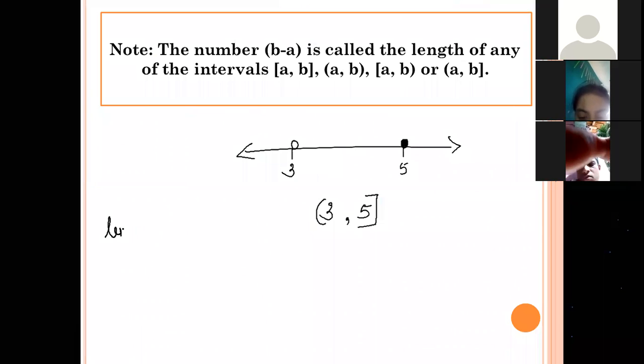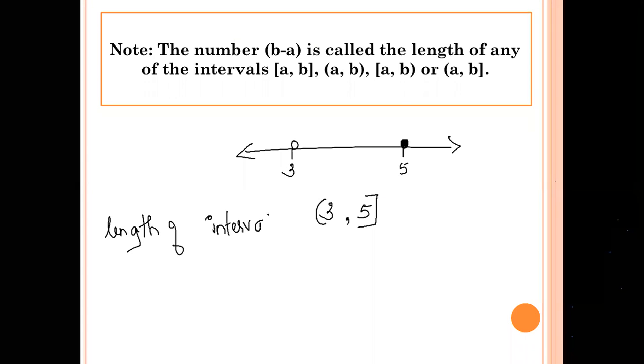Next topic is length of an interval. Suppose you have an interval a comma b, or an open interval a comma b, or a half open or half closed interval.